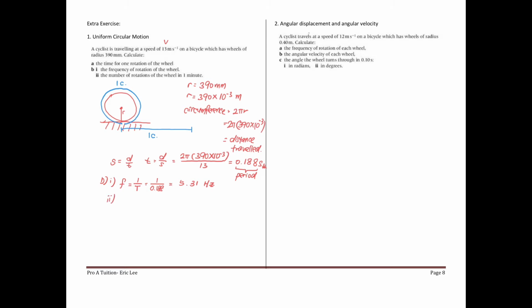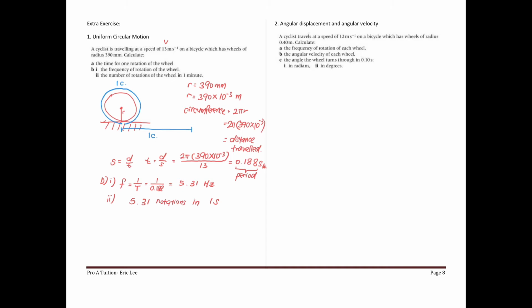Now let's look at part 2 then. The question asks for the number of rotations of the wheel in 1 minute. In order to answer this part, we have to know the meaning of the frequency here. The frequency here is 5.31, so it means the wheel makes 5.31 rotations in 1 second.